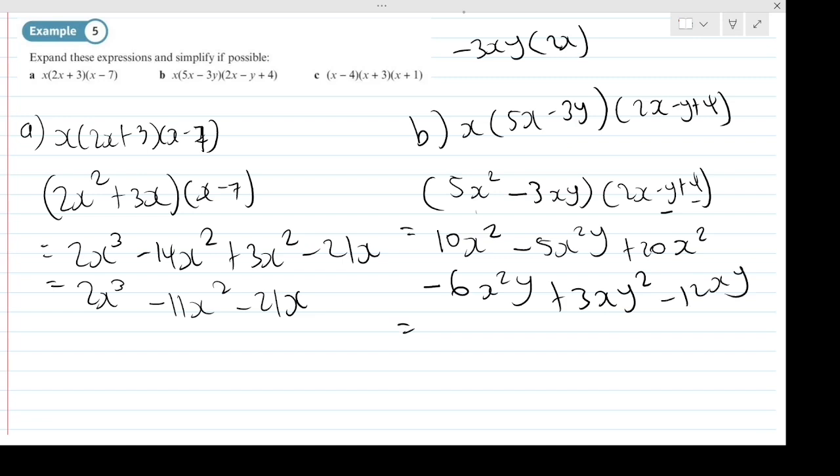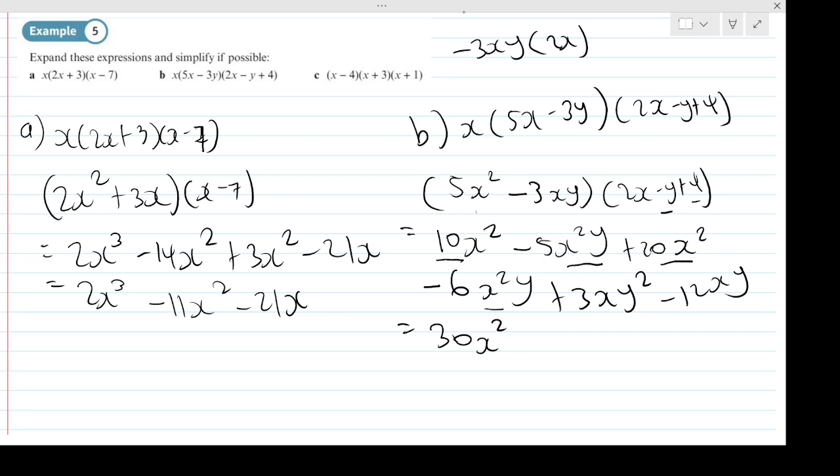So firstly, let's collect the like terms. We have an x squared term here, so 10x squared, and then we have a 20x squared here. That's going to give us 30x squared, right? Then we have an x squared y term here and here.